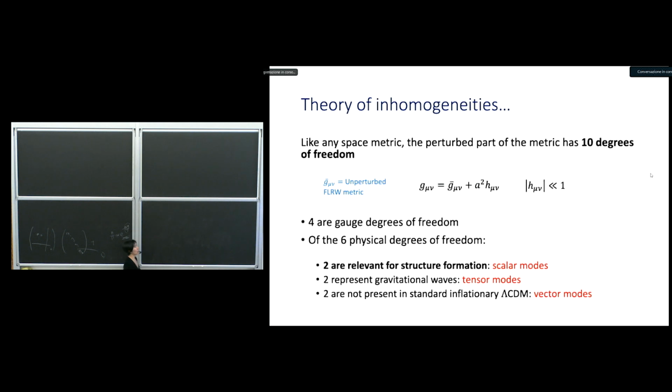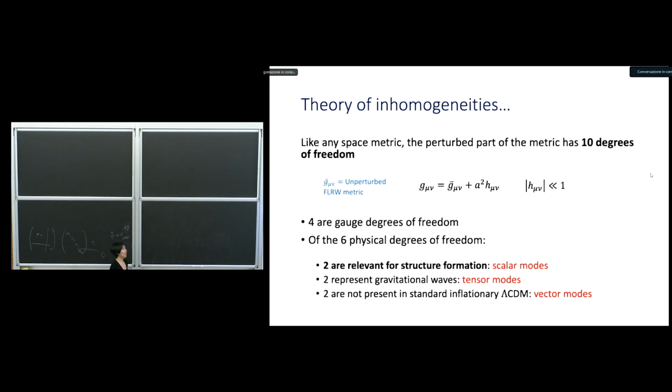Okay, so as usual, we know that the perturbations here would have 10 degrees of freedom. Just counting 16 entries, but symmetric, so you reduce down to 10 degrees of freedom that are actually independent. However, not all of these 10 degrees of freedom are meaningful. And that's a consequence of the fact that anything formulated in a covariant way has a lot of redundancy.